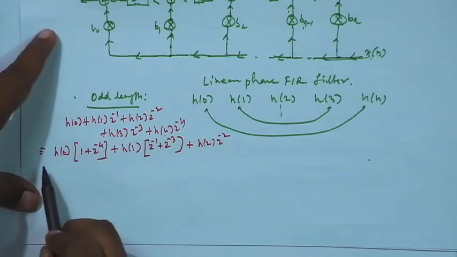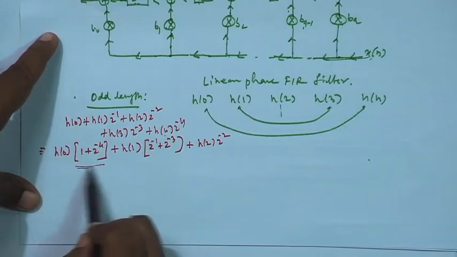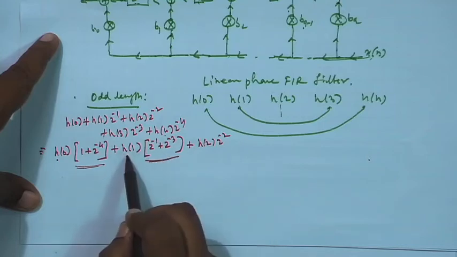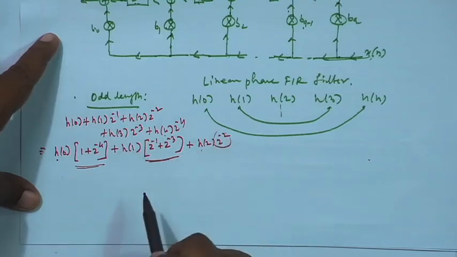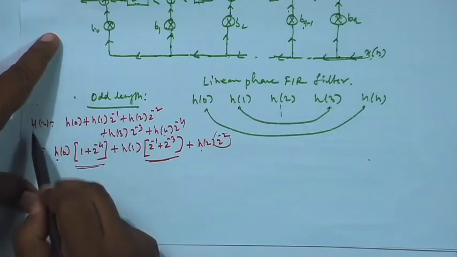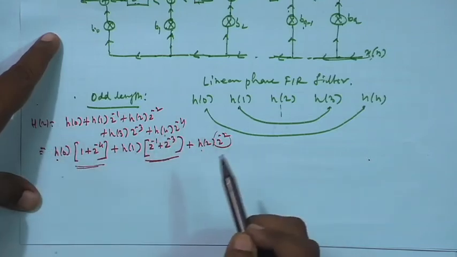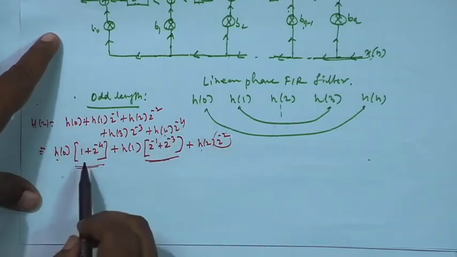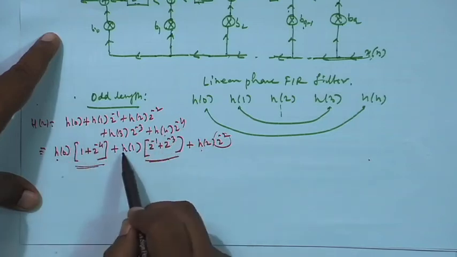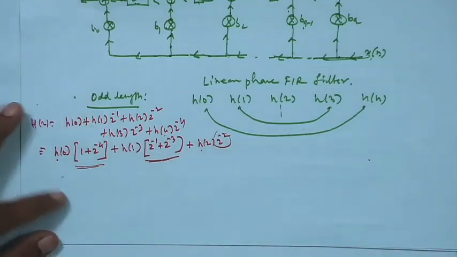So, output will be X(z) into this part into h0, plus X(z) into this into h1, plus X(z) into this into h2, because this is the transfer function H(z). So, output Y(z) by X(z) is this. So, X(z) into this whole thing is the output Y(z). X(z) into this part multiplied by h0. Here X(z) into this part multiplied by h1. Here X(z) into this part multiplied by h2.